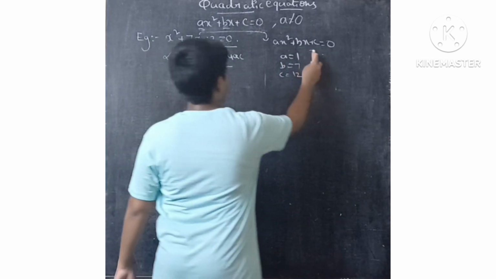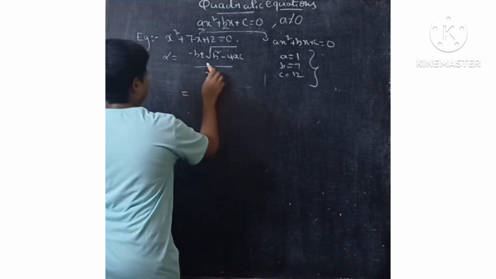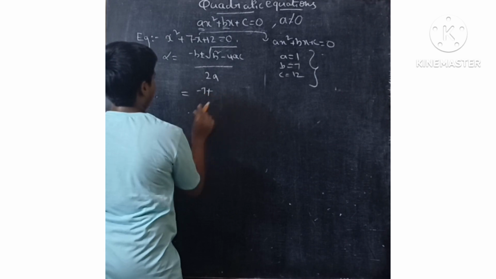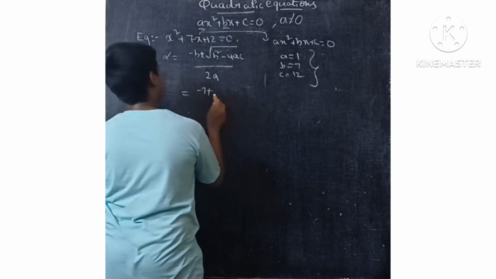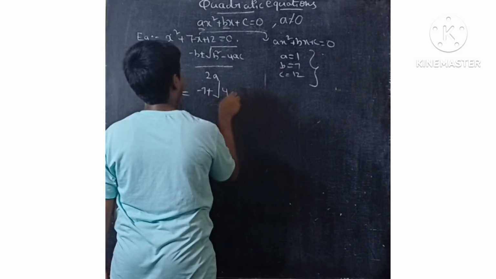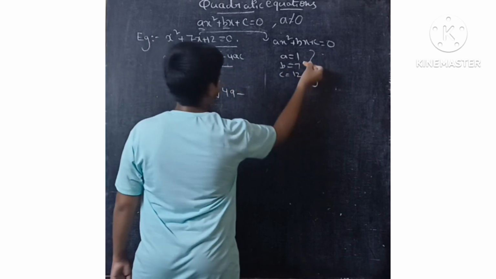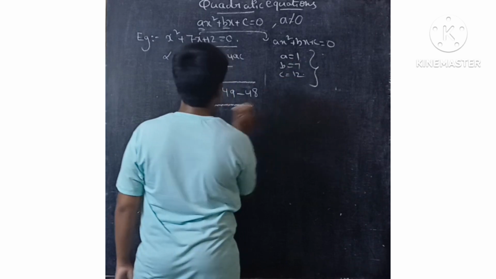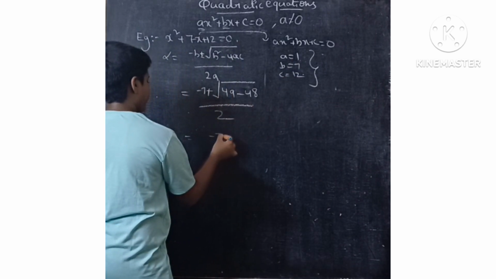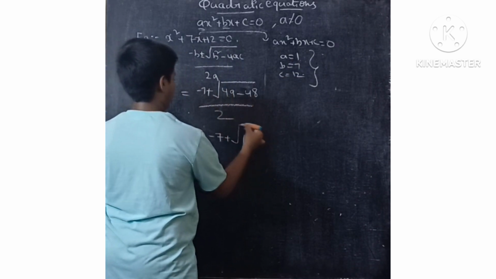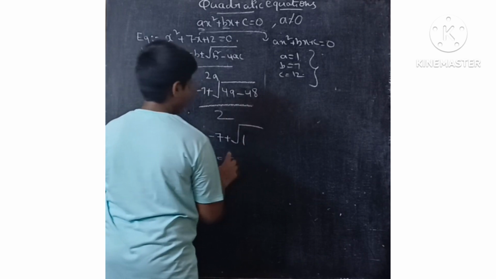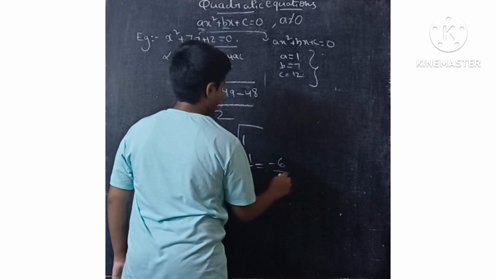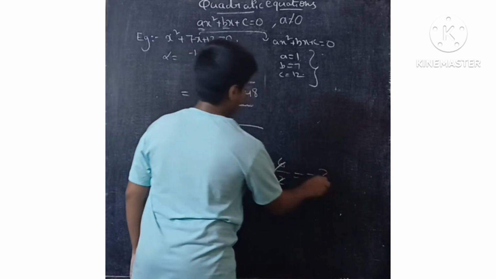Okay, and by using these numericals we have to find the roots. So minus b means minus 7. I am using first plus. So plus root over 7 square 49 minus 4 into 1 into 12, 48, by 2a. 2a means 2 into 1, 2, which means minus 7 plus root over 1, which is nothing but minus 7 plus 1 by 2 means minus 6 by 2, which is nothing but minus 3.